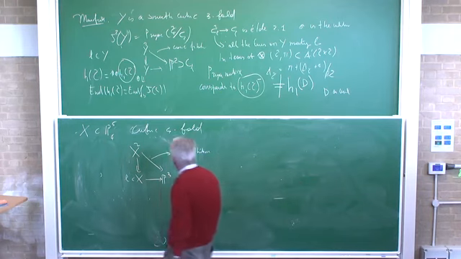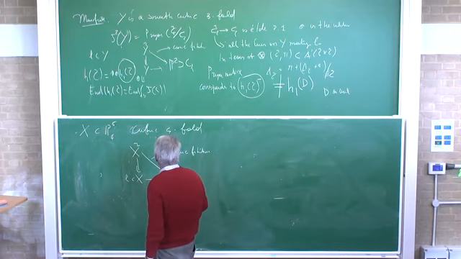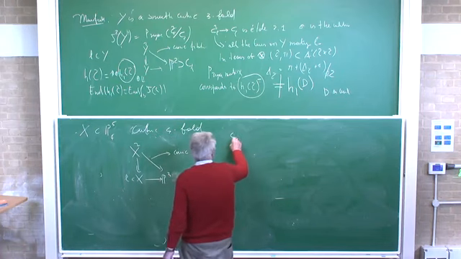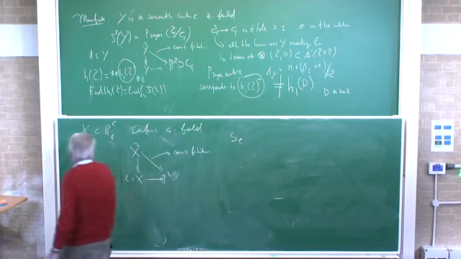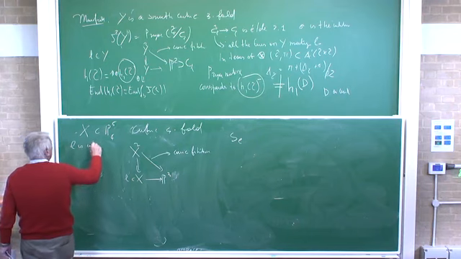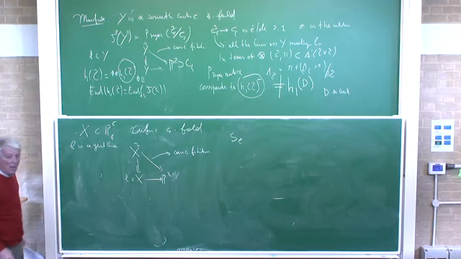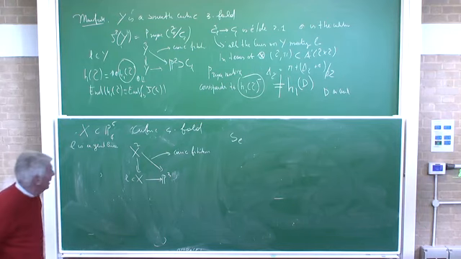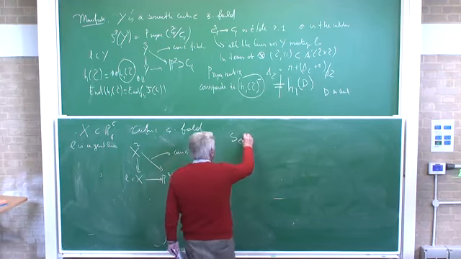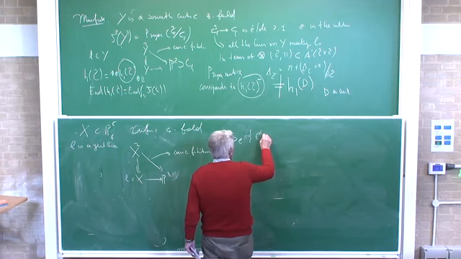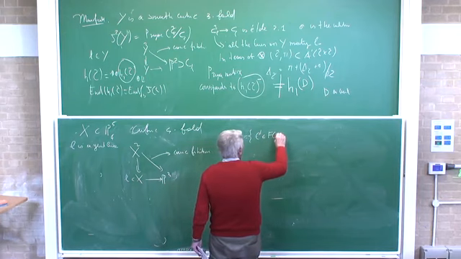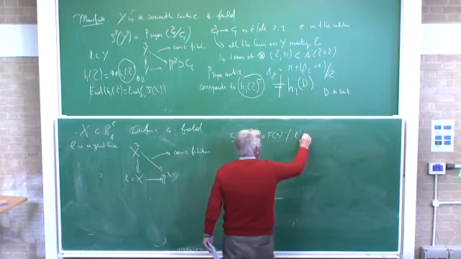Now, here, instead, you look at S_L, where L is a general line in X. Now, what is S_L? This is now just L prime in the Fano variety.